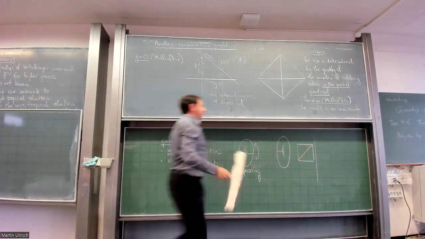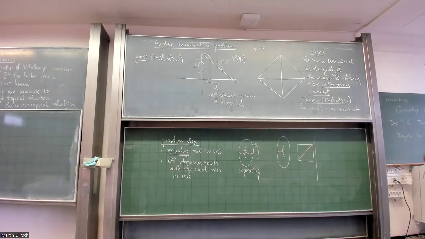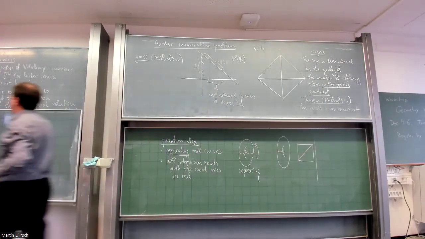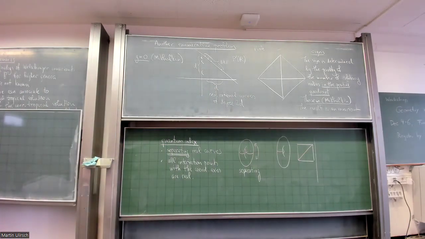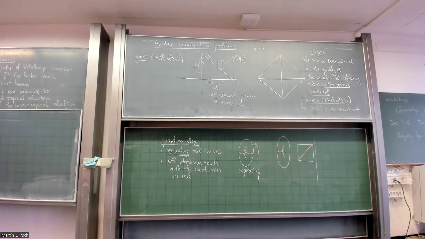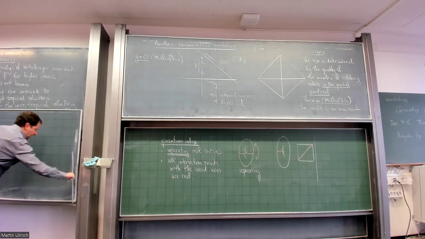So if you consider such a real curve in P2, a real curve satisfying these two constraints.